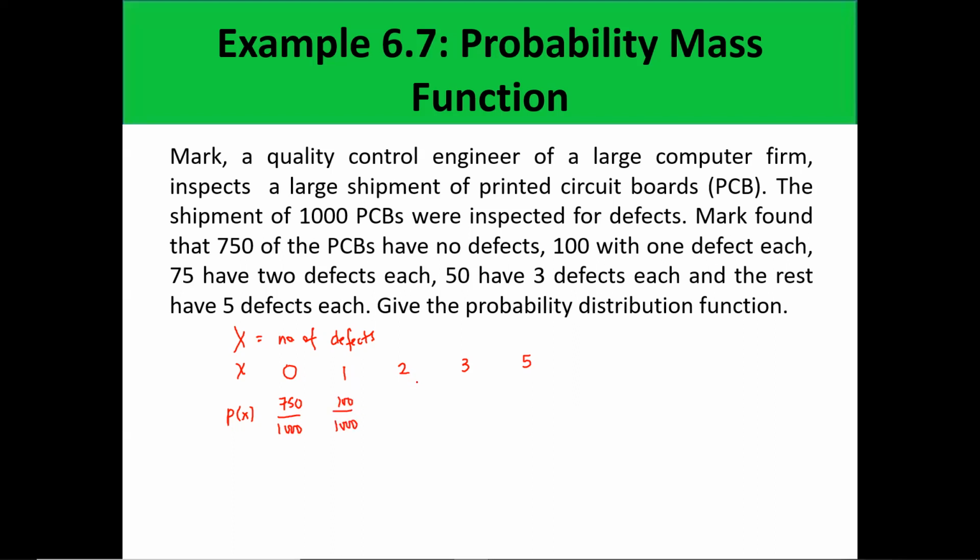X equals 2 means that there are 75 over 1,000 chance that there will be exactly two defects. For exactly three defects, the probability is 50 over 1,000. And then for x equals 5, the probability is 25 over 1,000. So this is the probability mass function or probability distribution function for this problem.